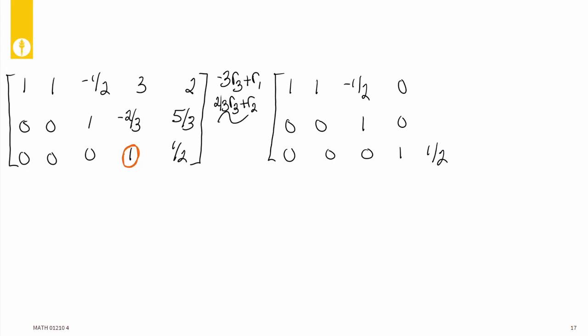It's only those last 2 entries we actually have to do any kind of arithmetic on. -3 times a half. -3 halves plus 2. 1/2, right?